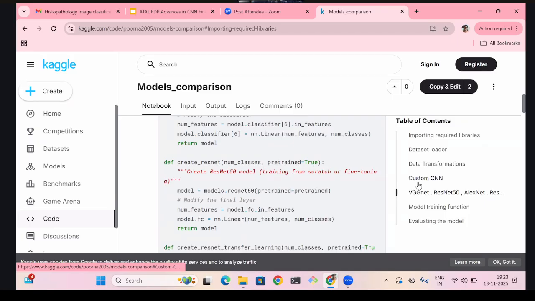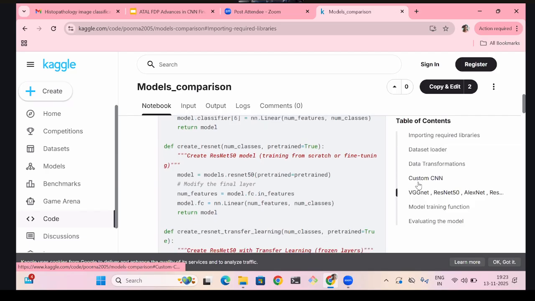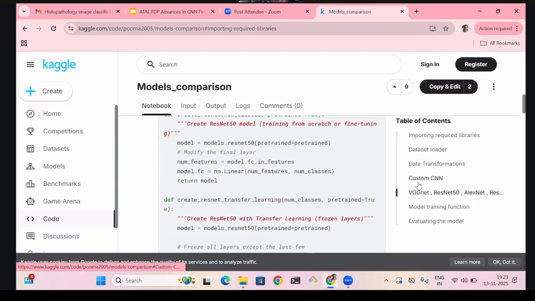Whereas here, it is training from scratch. With the ResNet 50 model, we trained all the layers of ResNet 50 for this particular data set. That is one variation.